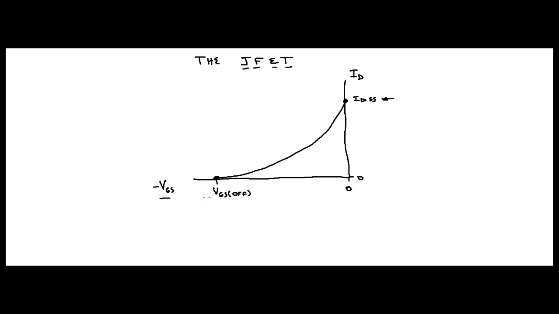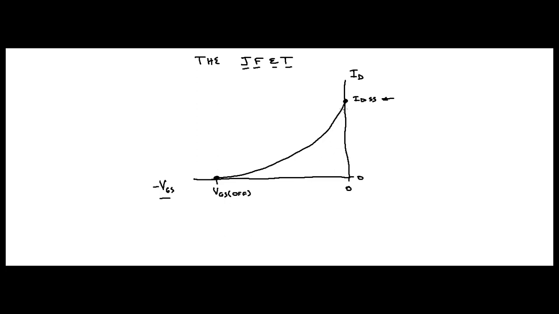Here's VGS off, and you can think of that as minus VGS. Over here, if it went over this way, this would be plus VGS, right? But since we're talking about an N channel, it doesn't go there. So there's a relationship with this chart that you really should know.